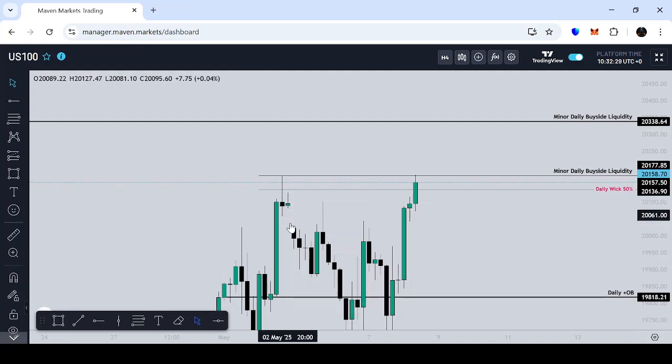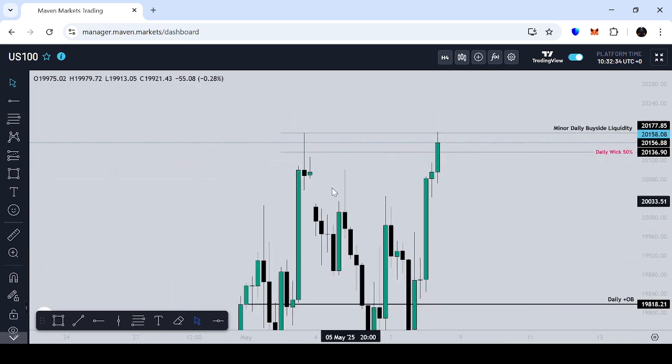That's the new week opening gap. I also outlined this new week opening gap in the previous video. That's the gap between Friday and the Sunday midnight opening.